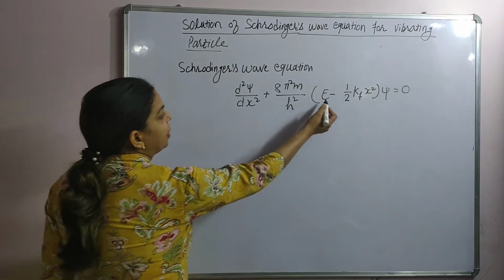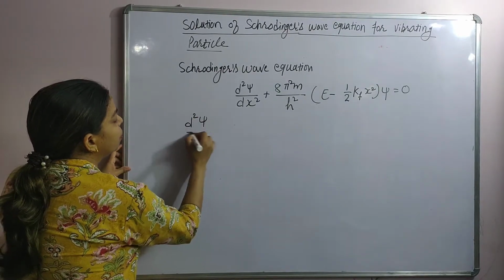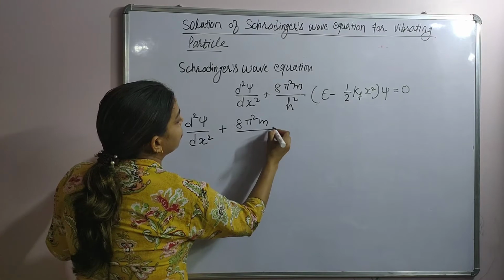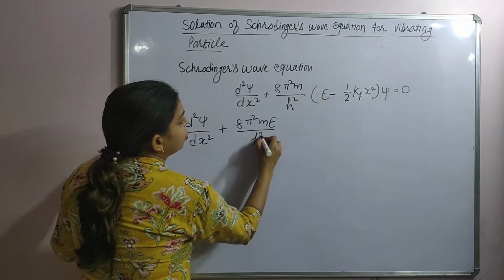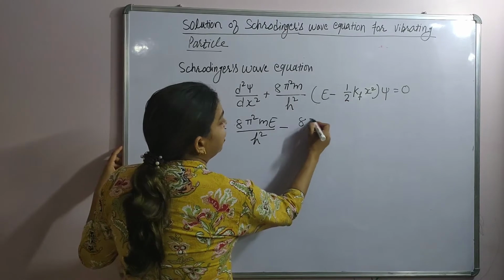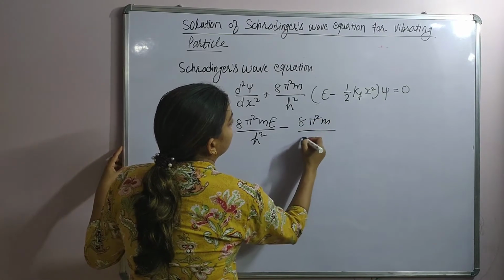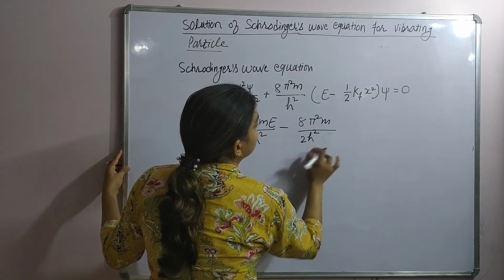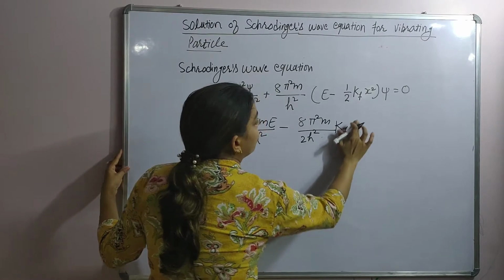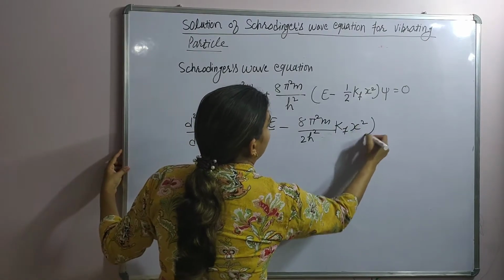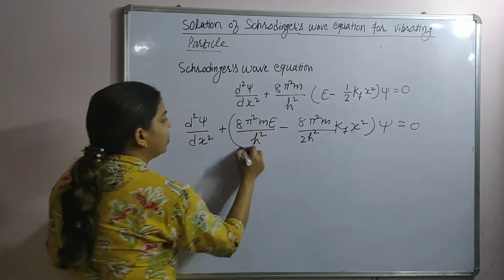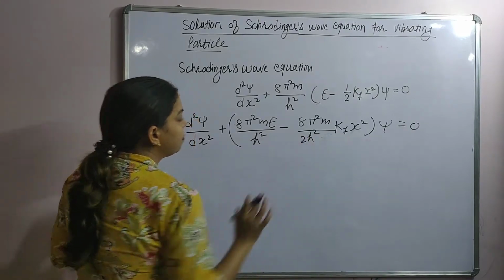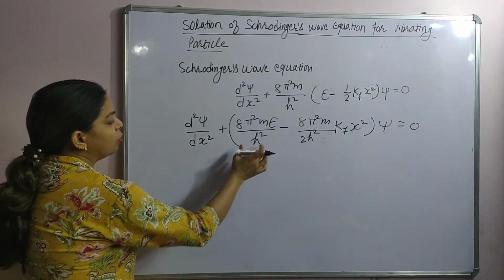So if I multiply this factor inside, I will get d2 psi upon dx square plus 8 pi square m multiplied by E minus, let it be like that only, here will be 2 h square force constant kf and x square psi is equal to 0. This is the equation.